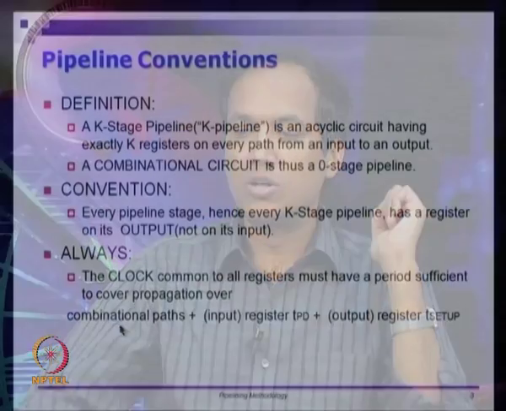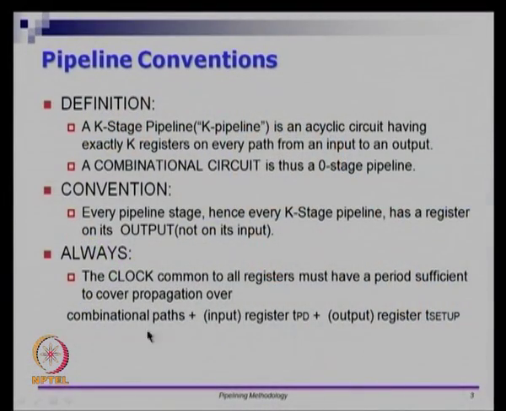What is the worst case path? We should look at combinational paths plus the input registers propagation delay plus the output registers setup time. We already looked at this. This is the clock to queue delay plus the logic delay plus the setup time. That is the worst case time period.